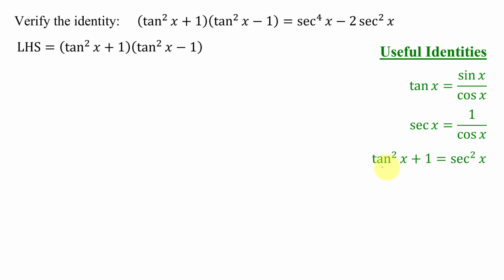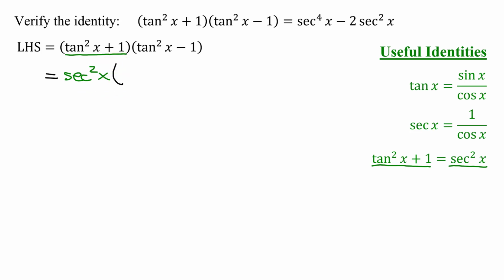I think using this identity will be a lot quicker than writing everything in terms of sines and cosines. So instead of this tangent squared x plus 1, I'm going to replace it with secant squared x.